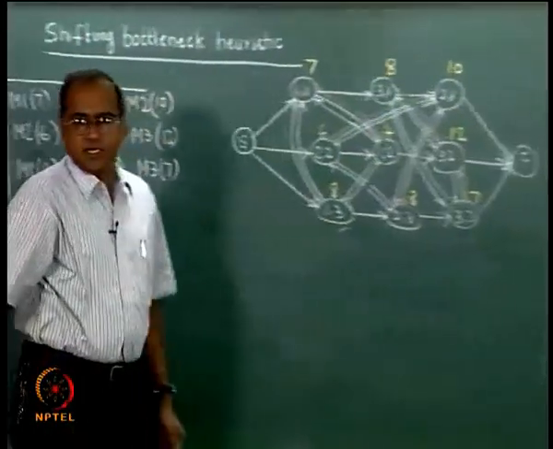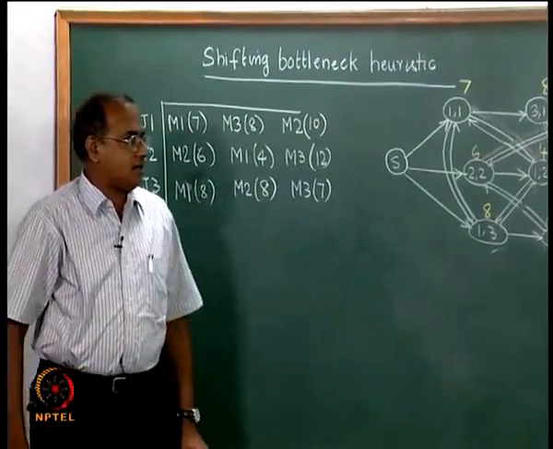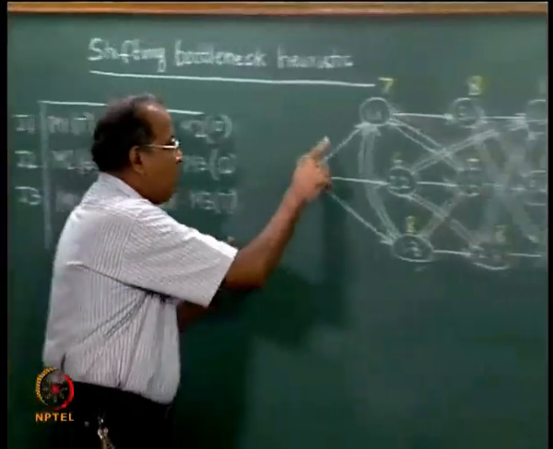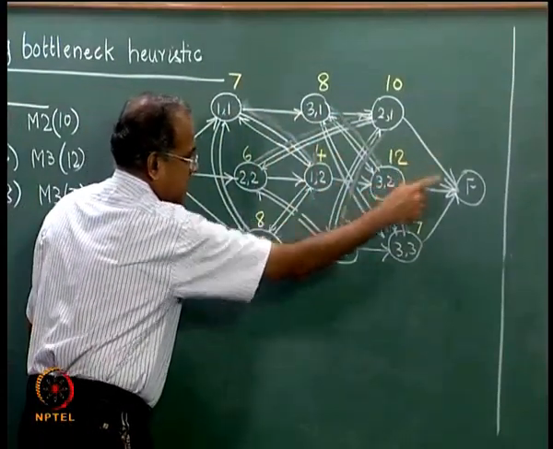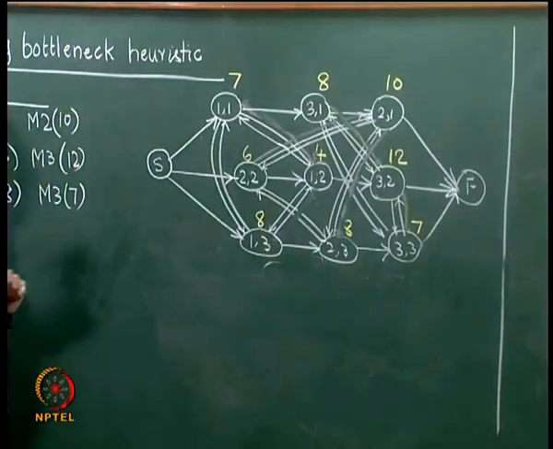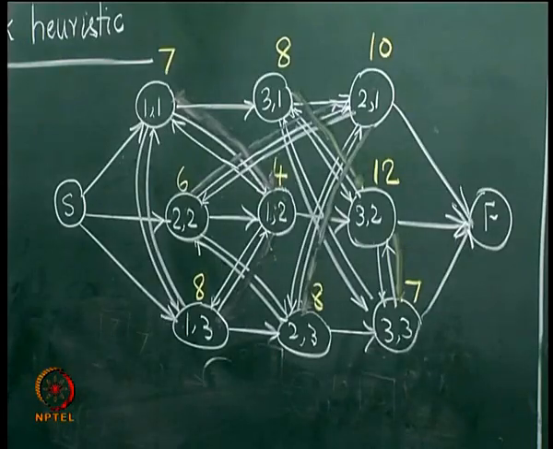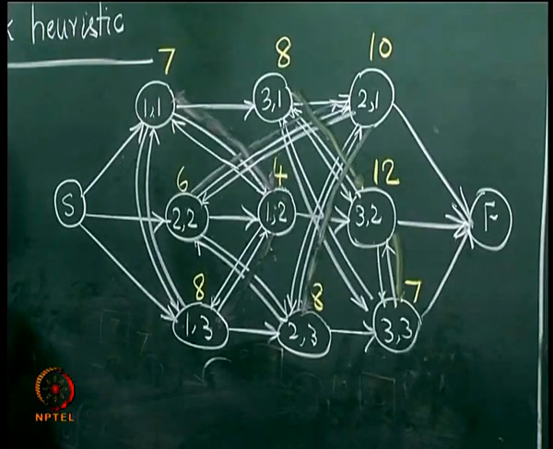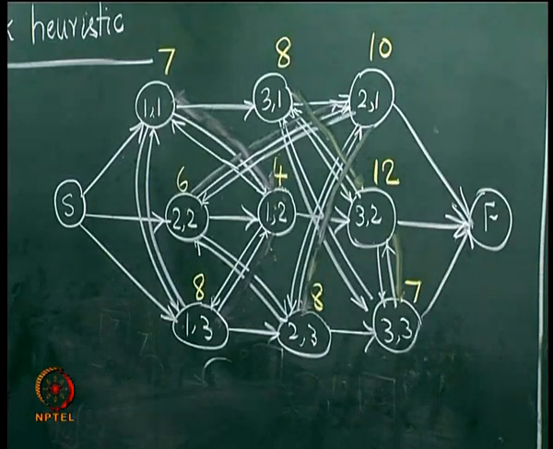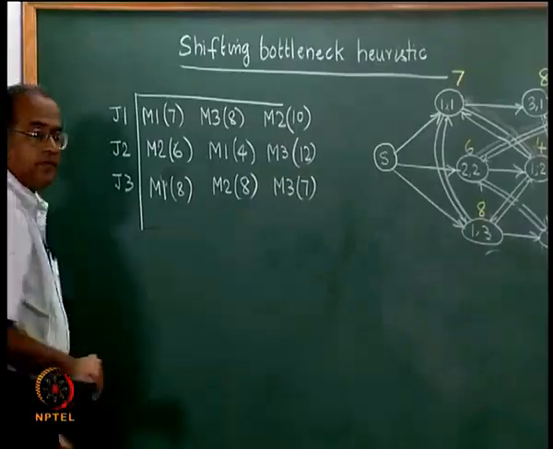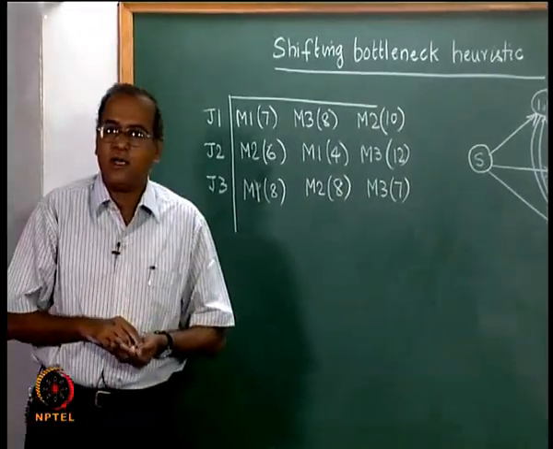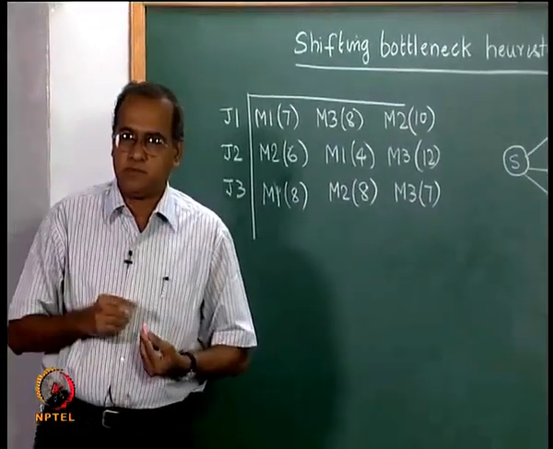So, let us come back to this network, and we understand that in this network all these arcs are not going to change, but wherever we had these pairs, for example 1 1, 1 2 and 1 3, we said that out of these 6 arcs that are shown, 2 of them will be in the solution, and which 2 will have to be decided. Now, let us look at this problem per se, and let us look at the load for each of these jobs.